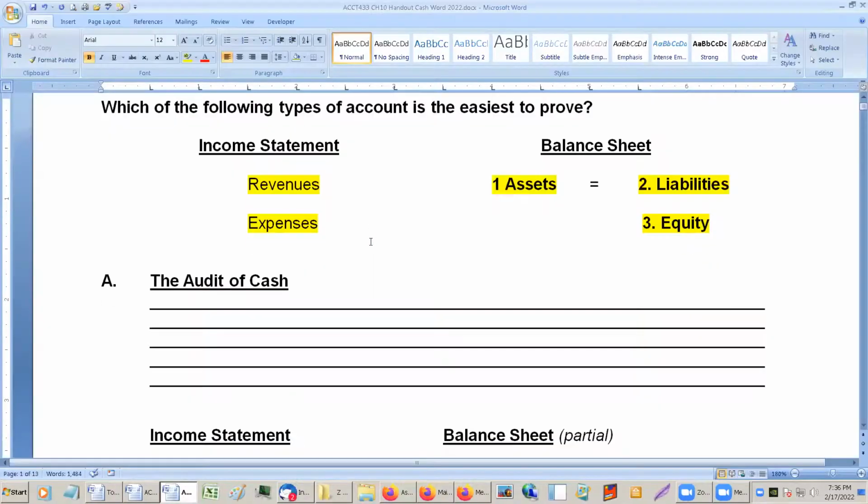Or financial statements maybe. But okay, so now we're going to talk about the audit of cash.